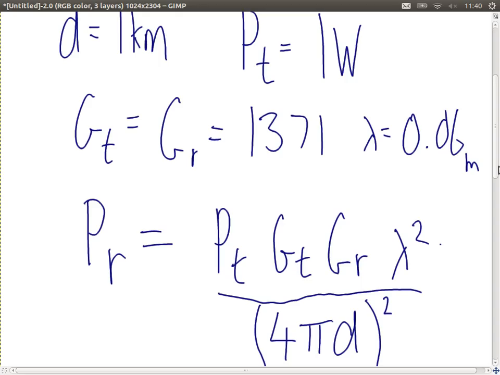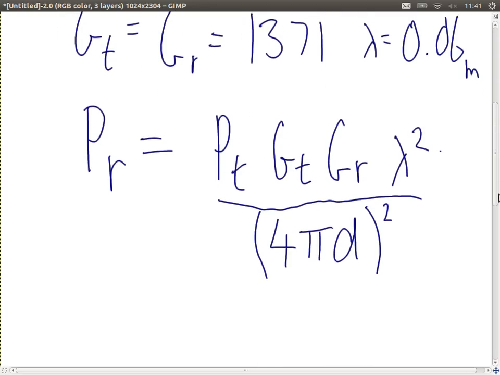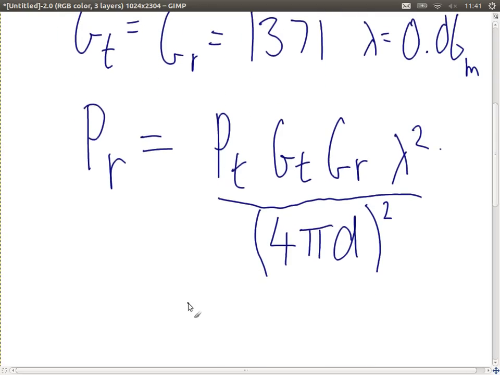So don't use d equal to 1, use d equal to 1,000. And with a calculator you can solve that. Anyone have the answer yet? It's about 42.8 microwatts.